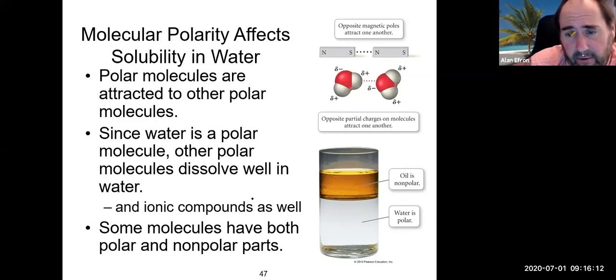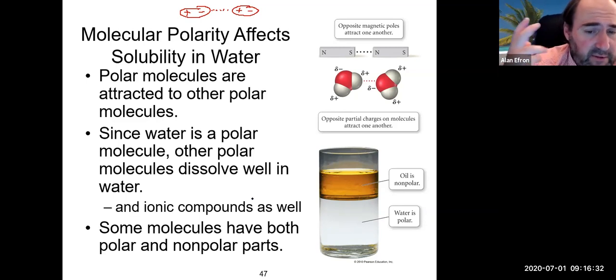Because they are polar, there's a positive side of the molecule and a negative side of the molecule, which means when you get two polar molecules together, as we'll talk about in a later chapter, the positive side of one molecule is attracted to the negative side of the other molecule, which allows them to mix really well. That's why things that are very soluble in water are polar things, and also ionic things, which have positive and negative charges that interact well with the positive and negative sides.